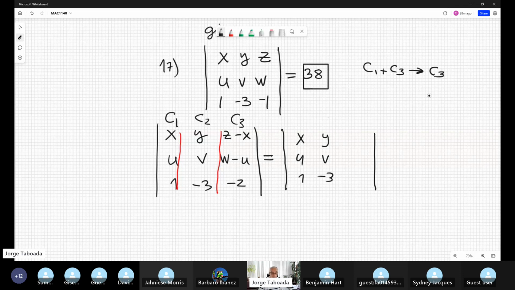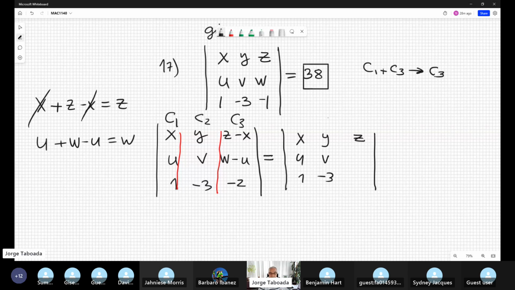So, when you subtract, it's obvious that x plus z minus x, wow, x is cancelled and stays z. Similar happens in the other part: u plus w minus u is w. And 1 plus minus 2 is minus 1.